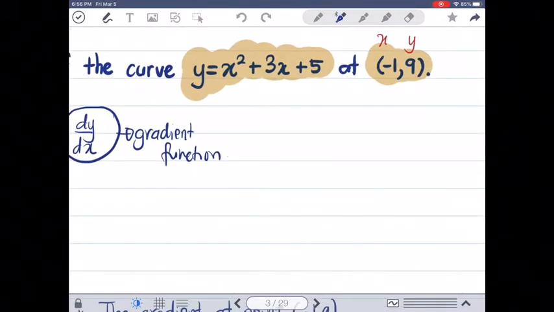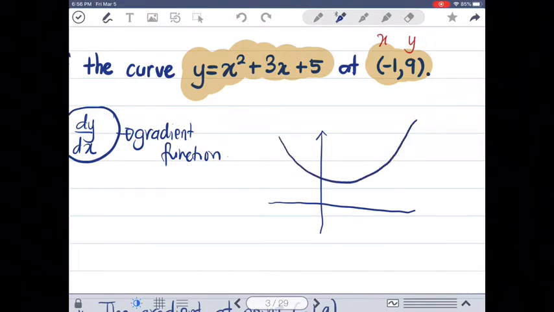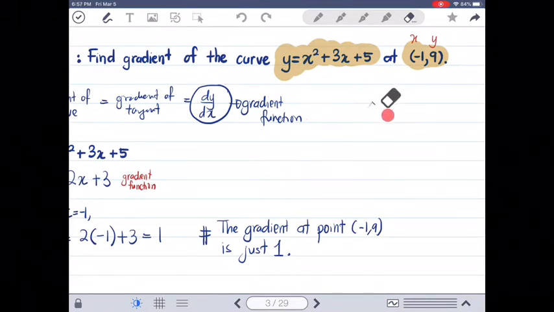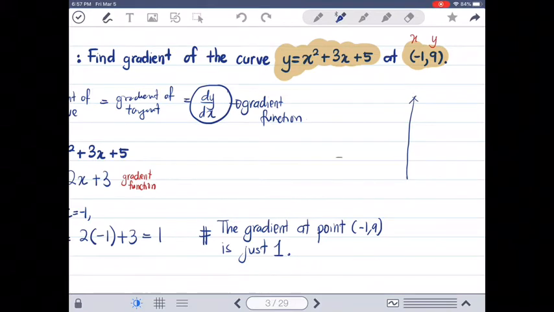If we draw this graph, I think the graph will look something like that probably. Or maybe something like that.